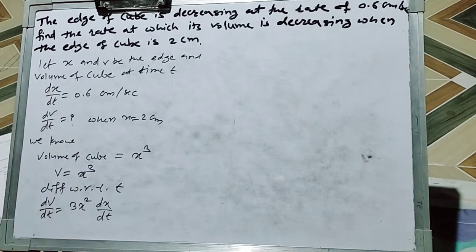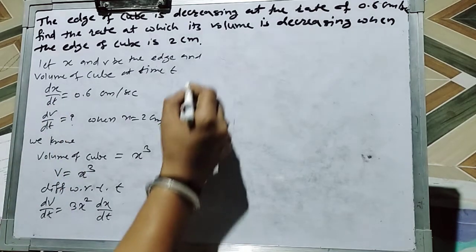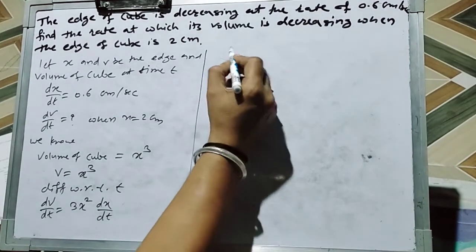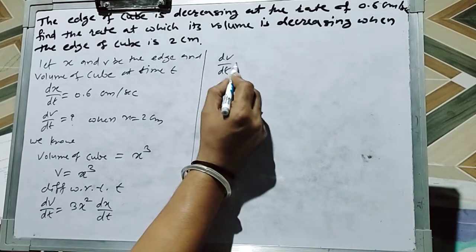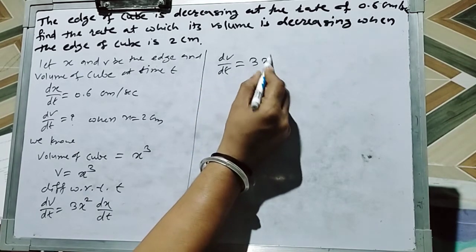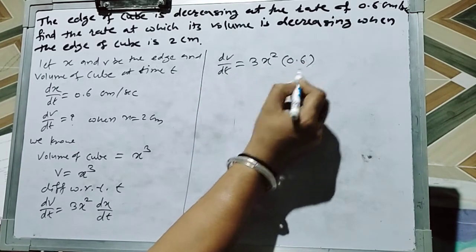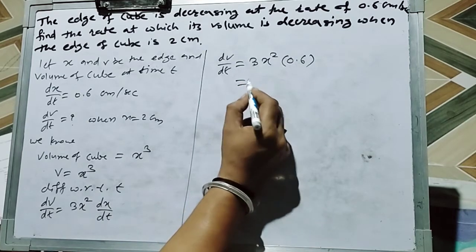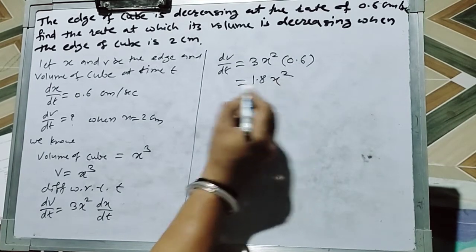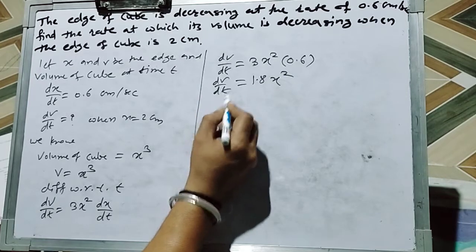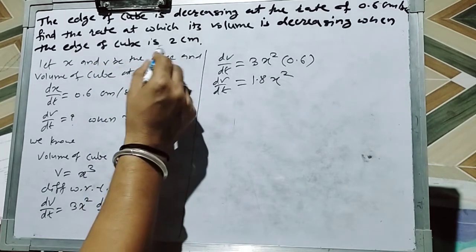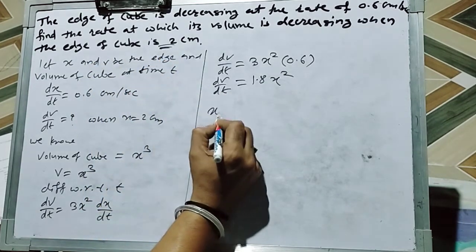Now here given dx by dt is equal to 0.6 centimeter per second. So dv by dt is equal to 3x square into 0.6. So this is equal to 3 times 6 is 18, which means 1.8 x square is equal to dv by dt. Now here also given x is equal to 2.